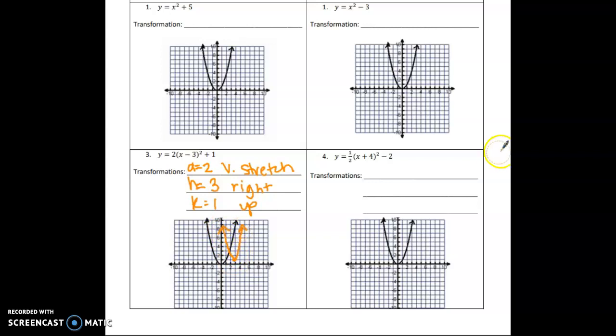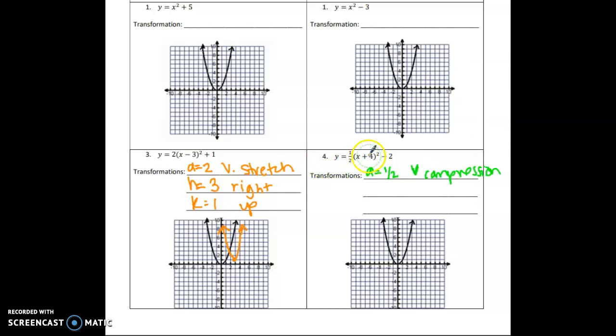Okay? I have 1/2 x plus 4, the quantity squared, minus 2. So my half, that's my A, and that's going to be a vertical compression, and that's going to make it wide.